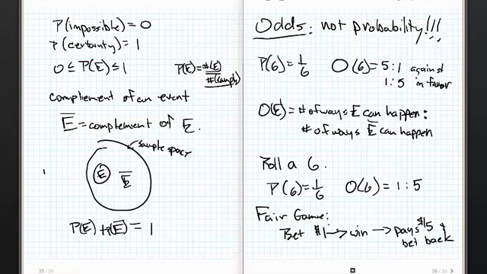That's in a fair game. That's how odds work. Let's say we were in a game where the odds were 150 to 1. That means if I win and I bet $1, then I get $150 plus my $1 bet back. If I bet $2, then I get $300 plus my $2 back.